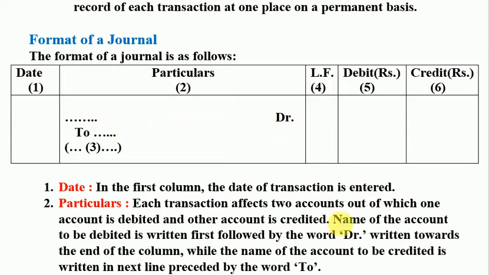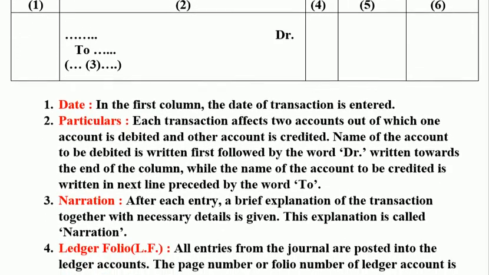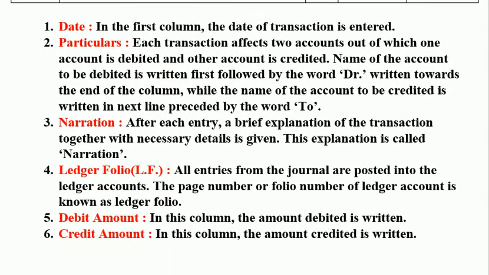Clear? The word debit is written at the end of the column, while the name of the account to be credited is written in the next line, preceded by the word to. Here you can see that the credit account will be written here with the word to. Got it? So in particulars, we'll record the business transactions in terms of debit and credit.